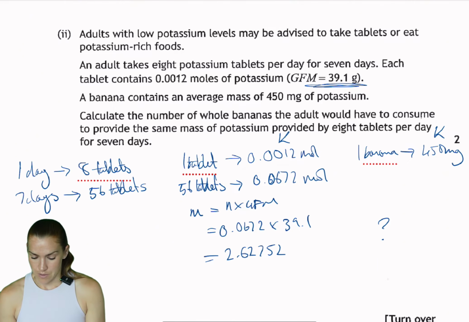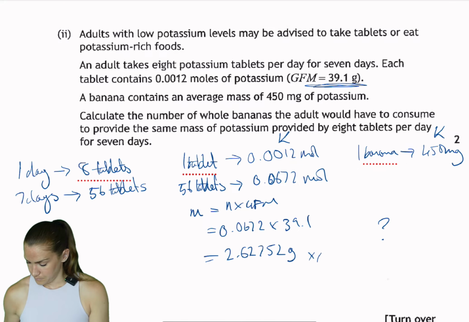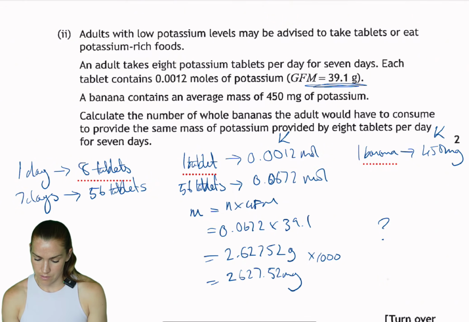And that is in grams, but we need it in milligrams because our mass of potassium in the banana is in milligrams. So to convert from grams to milligrams, we need to times by 1,000. If we times that by 1,000, we end up with 2627.52 milligrams. Now we can put that underneath the milligrams of potassium over on this relationship, and that means we can then scale down and scale up.